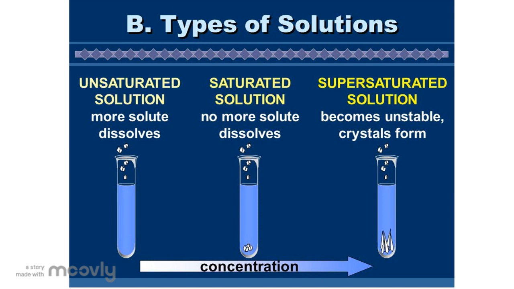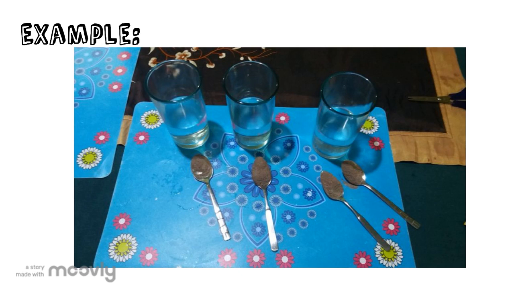If we analyze their level of concentration, unsaturated solution is diluted or has less concentration of solute than saturated, while supersaturated solution has greater concentration of solute than saturated. For example, we have 3 glasses of water and a powder juice.